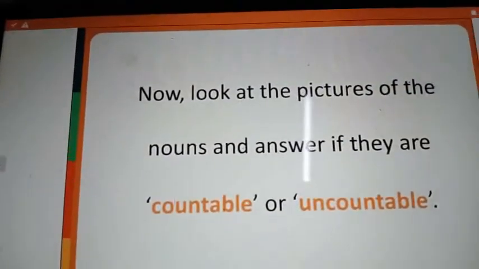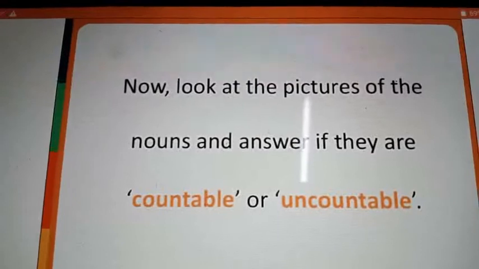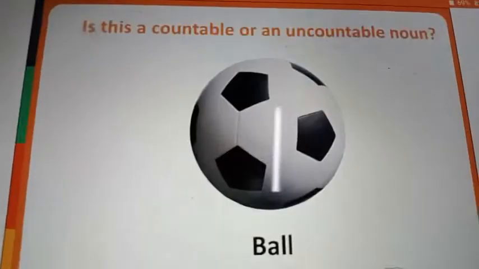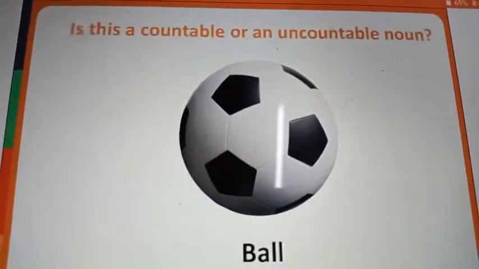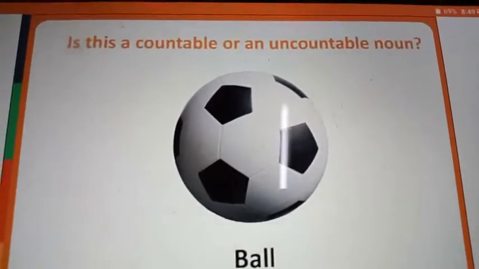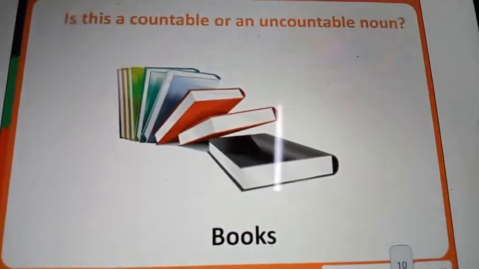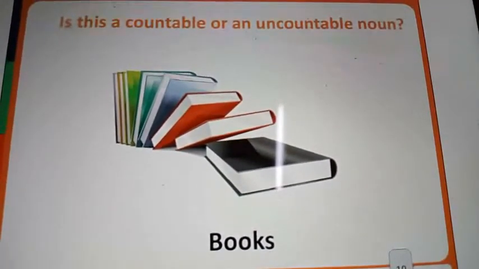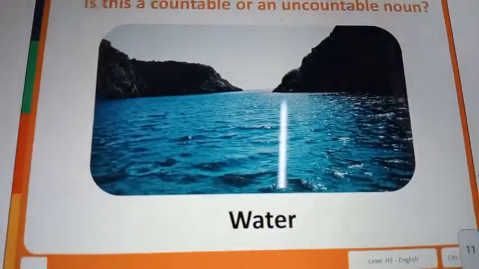Now, my dear children, look at the pictures of the nouns and answer if they are countable or uncountable. Ball. Is this countable or uncountable? Yes, this is a countable noun. Next, books. Very good. This is a countable noun. Water.